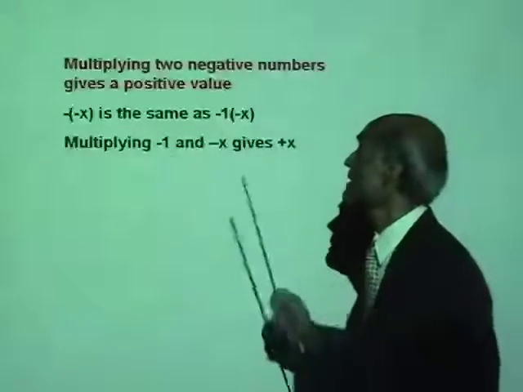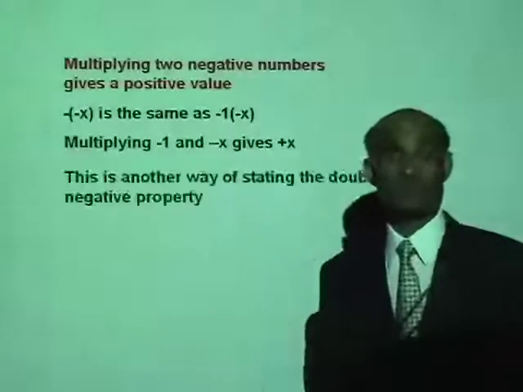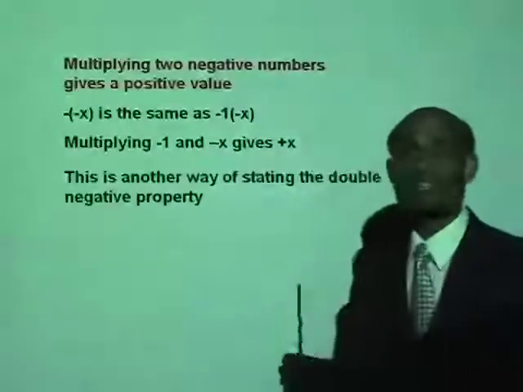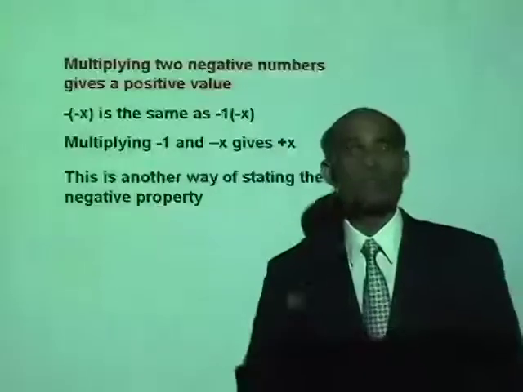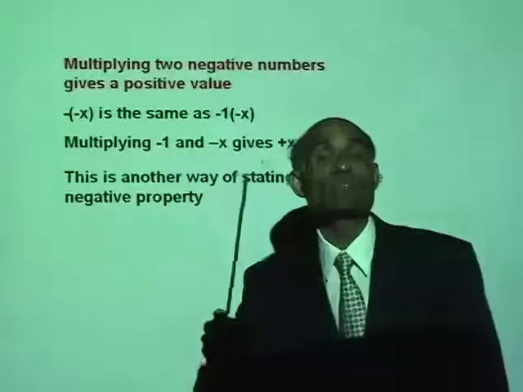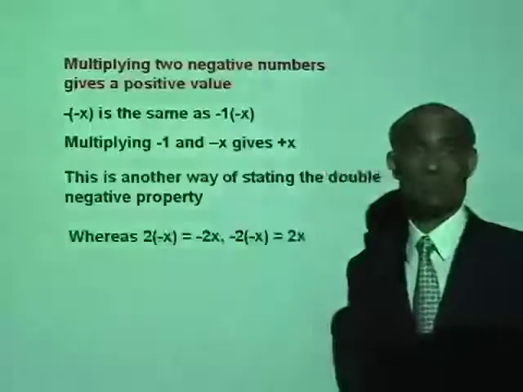Multiplying negative 1 and negative x gives you a positive x. Now, this is another way of stating the double negative property. Negative of negative x means negative 1 times negative x.